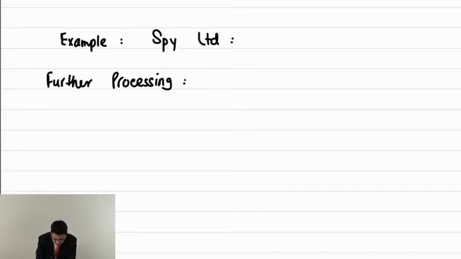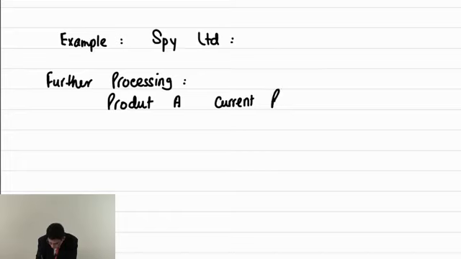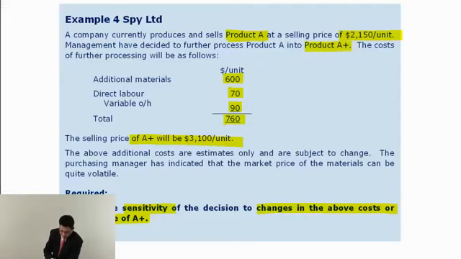Right, at the moment, the current selling price of A, I think, is 2,150. Is that okay?